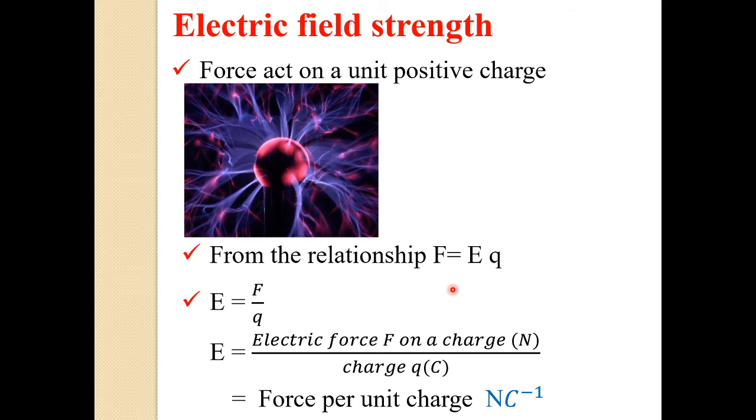Then let's have an idea about the electric field strength also. Now what is electric field strength? We have learned the relationship between force, electric field strength and charge: force equals field strength into charge, F equals EQ. Now what does E represent here? It is the field strength.